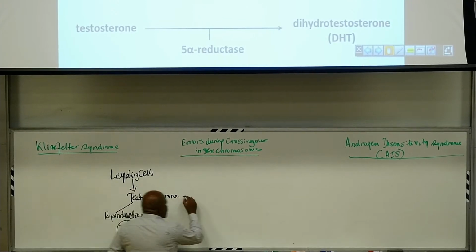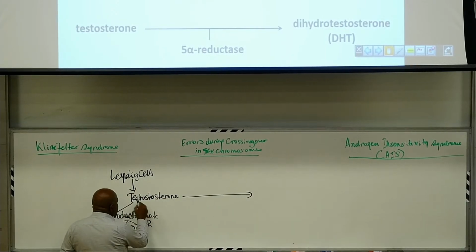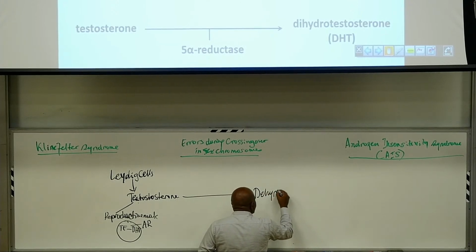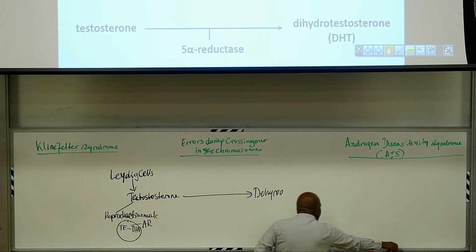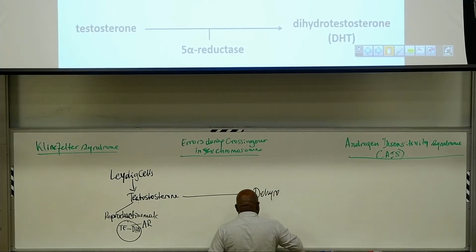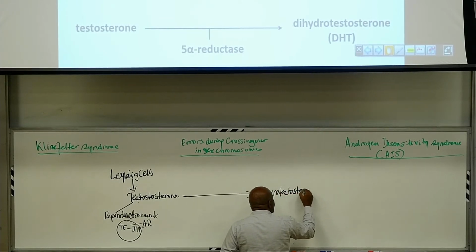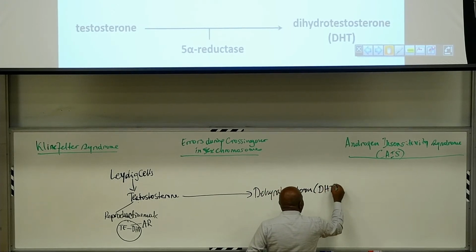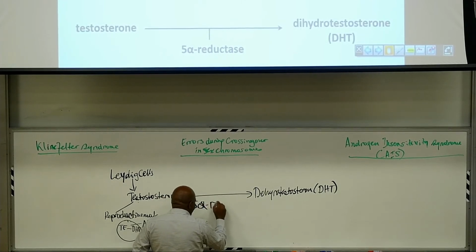This transition or the change of testosterone to dihydrotestosterone is mediated by the enzyme called 5-alpha reductase.